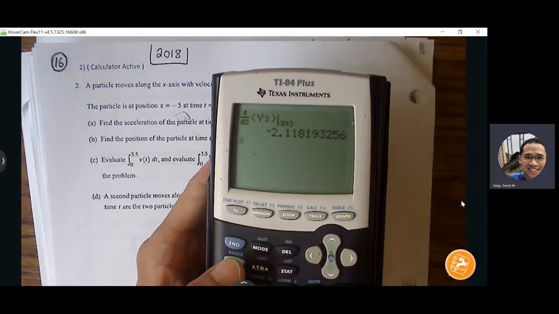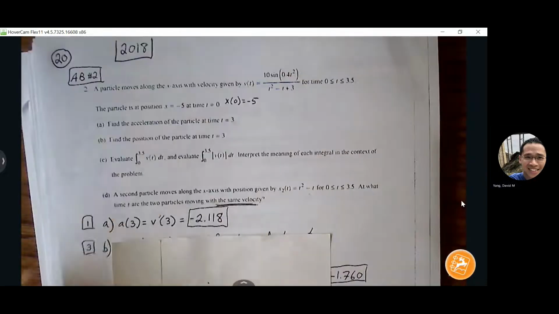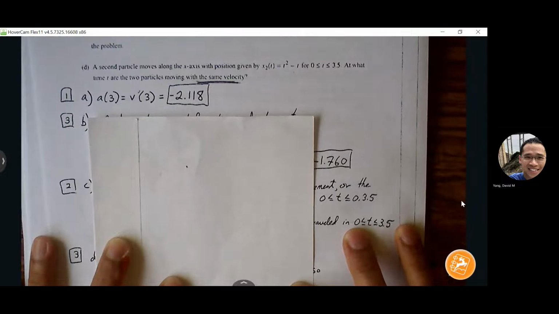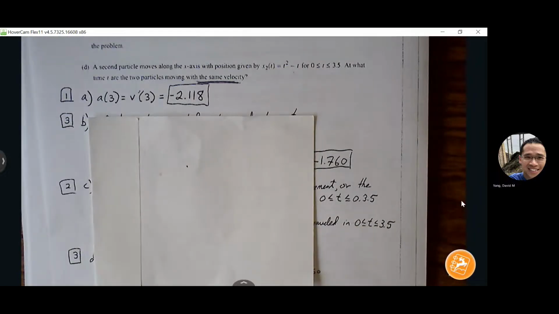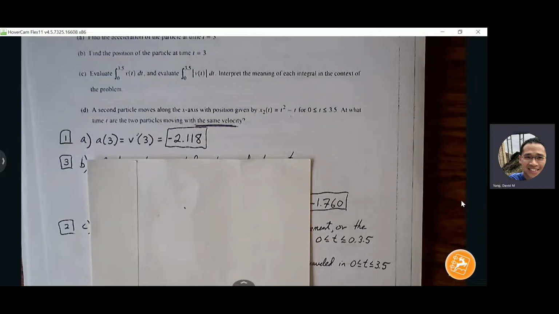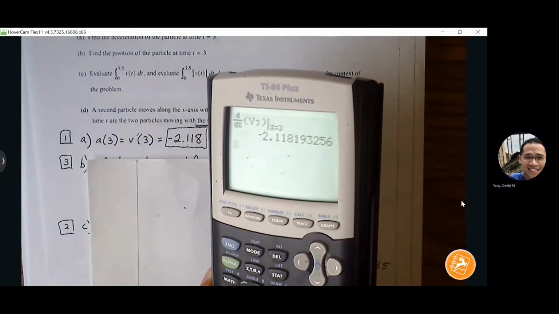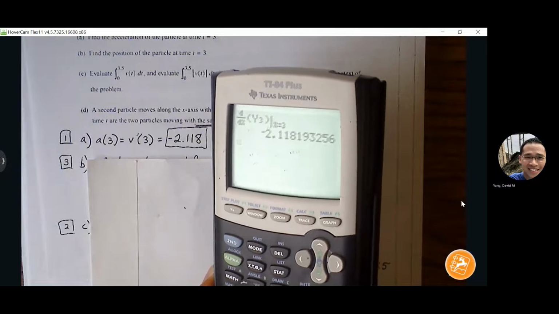So that's my acceleration at time t equals 3. Okay, let me know if you have any trouble getting to those features on your calculator.